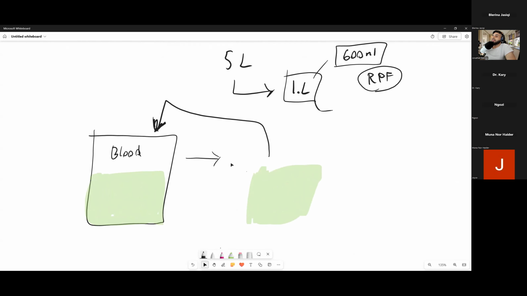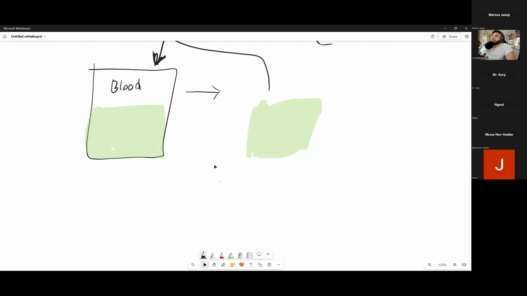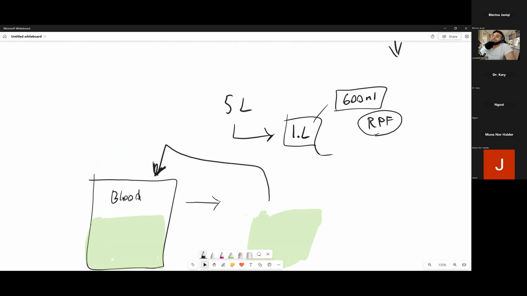So how can we calculate this? First, we try to strip the blood and make it look as similar as we can to the plasma.